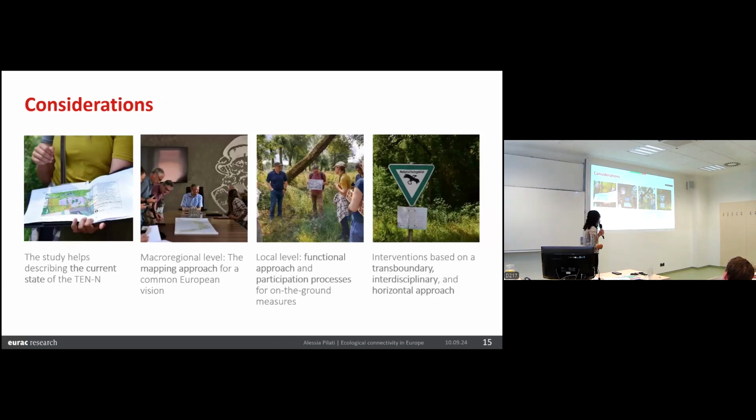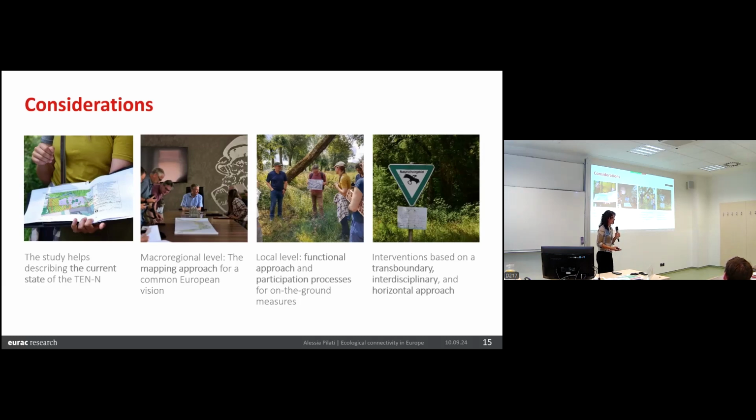So some final considerations. The one that I presented to you is a map, a first step, to try to give a vision at European level, but local analysis and a functional approach is very effective on the ground, and these two approaches could be effective to try to implement something.